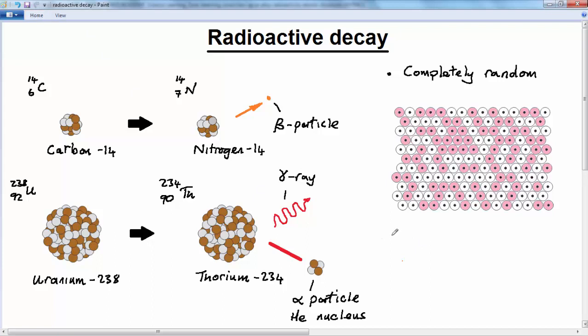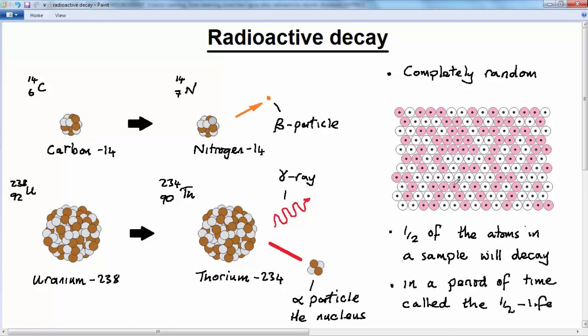All we can say is that given a certain period of time, whether these were, for example, uranium atoms or all carbon-14 atoms, within a certain period of time, exactly half of those atoms will decay. And we call this period of time the half-life. So we can say that half of the atoms in a sample will decay in a period of time called the half-life.